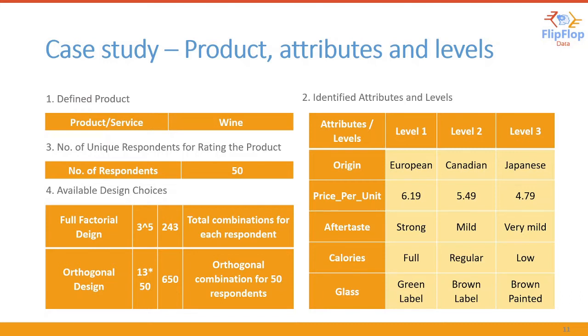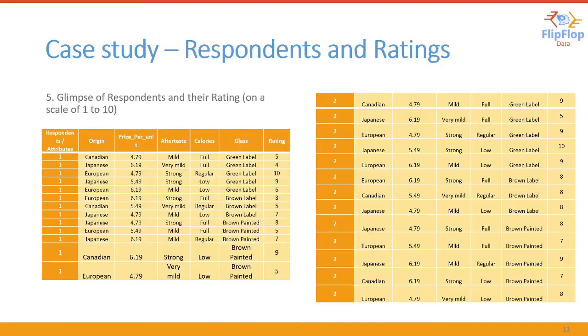And the available design choices, as I told you earlier, are full factorial design and orthogonal design, and here we will be considering orthogonal design. This is a glimpse of respondents and their ratings, which is captured on a rating scale of 1 to 10.